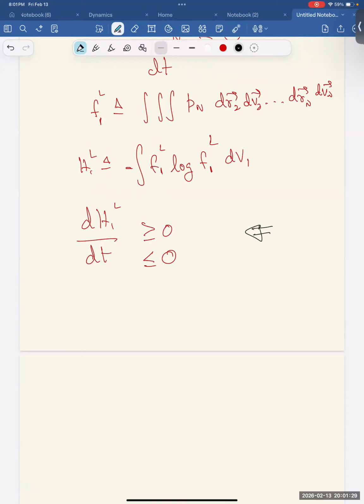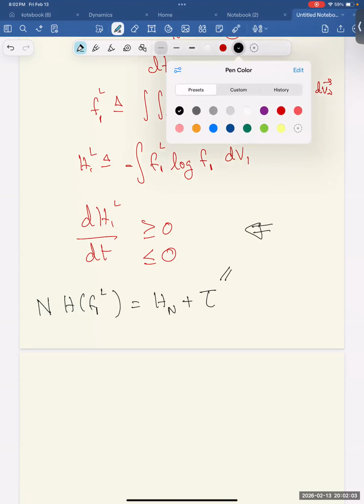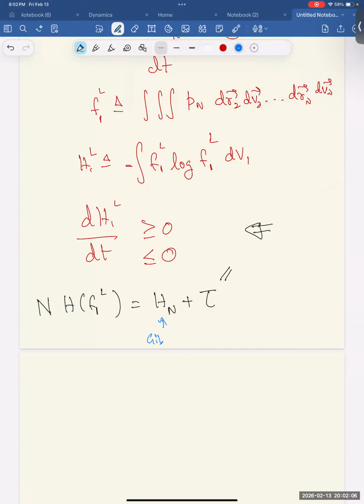Let's write H of F1L, right? Let's say we have n of those, one for each of the particles, and if the particles are indistinguishable and they're initially random, etc., then you can write this as Hn plus tau. Okay, so this term, this is basically the Gibbs entropy. We've seen before, and this is all of the correlations.